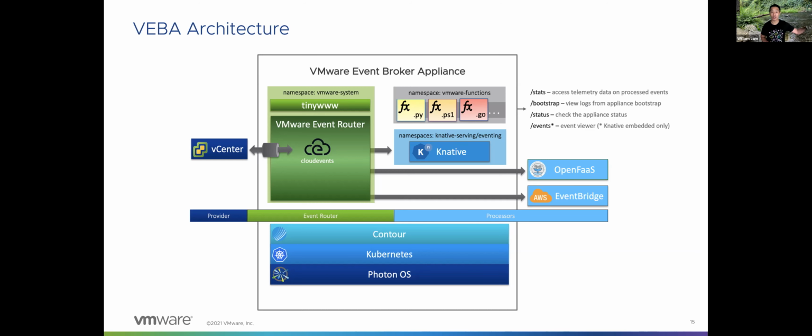For example, if I wanted to send to Slack, you can create a Slack secret that has your webhook, and that is responsible for the connectivity. If you wanted a function that goes back and makes changes to your vCenter server, you would provide those secrets as part of your function deployment. So each of the functions themselves are isolated. We also take advantage of Kubernetes namespaces and RBAC from that point of view.